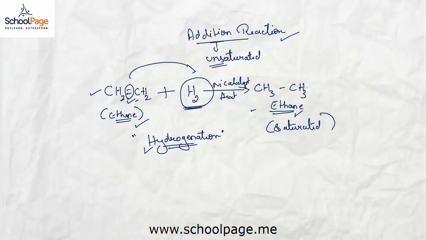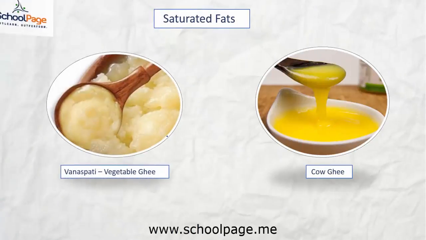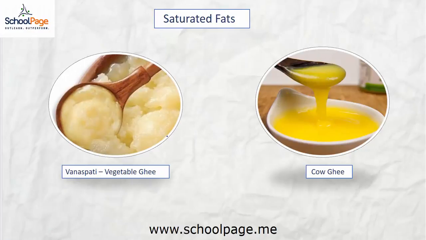The process of hydrogenation has a very important industrial application, that is it is used to prepare vanaspati. On hydrogenation of vegetable oil, we get vanaspati, which is solid at room temperature. Here you can see the vegetable ghee and the cow ghee both are saturated fats, and the saturated fats are solid at room temperature.